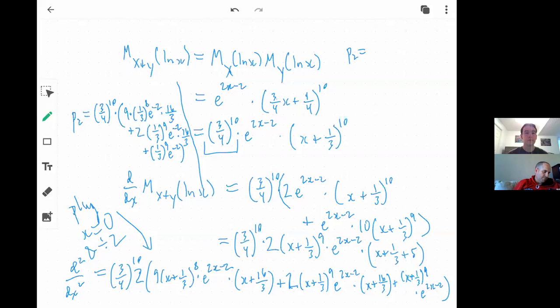So P2 is going to be 3/4 to the 10th times 1/3 to the ninth, e to the negative 2, times 9 times 16 plus 32 over 3, plus 1.